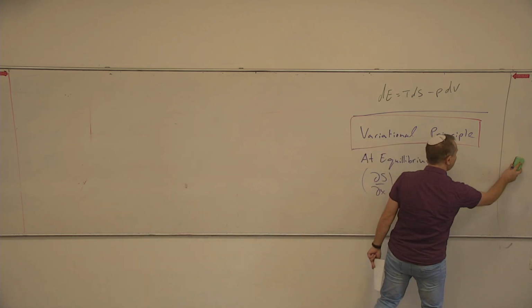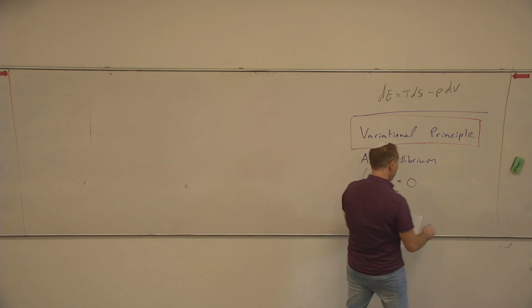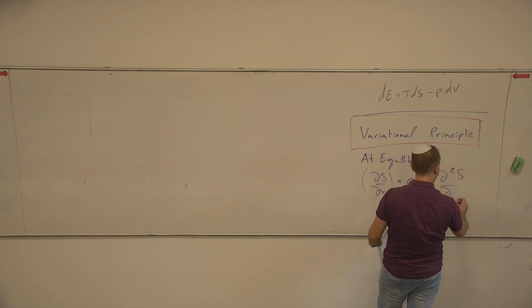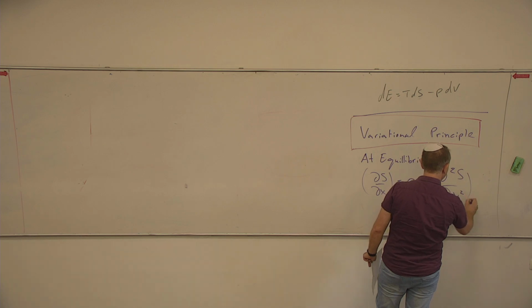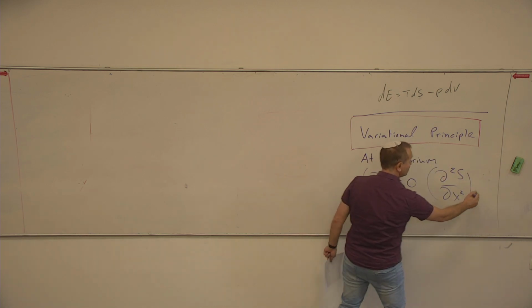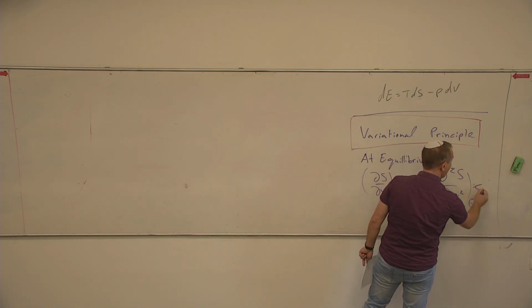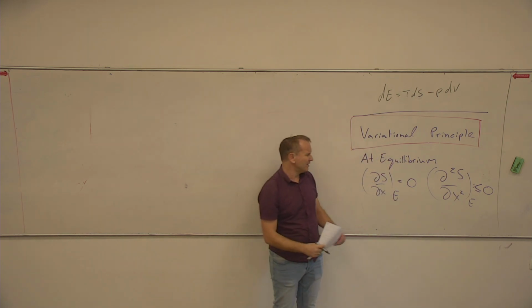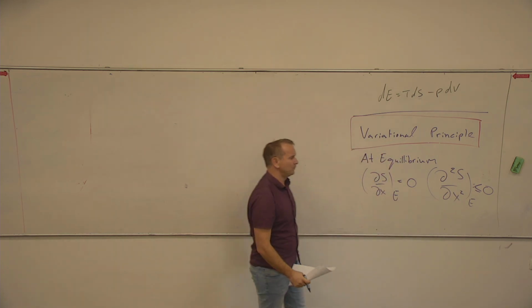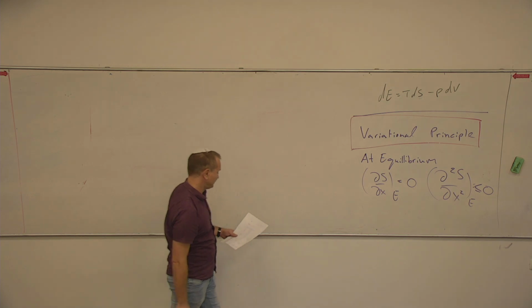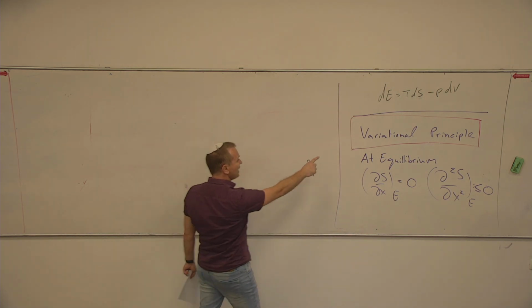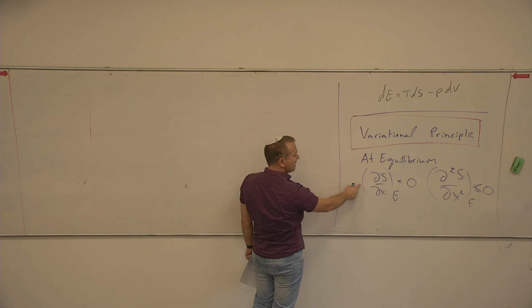It's not enough for the maximal claim. We also know that d²S/dx² with constant energy is smaller than 0. So this is some sort of stability, which I have to assume. This is the variational principle, what it tells us about the entropy.